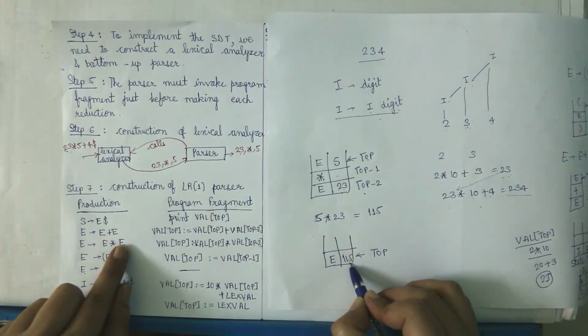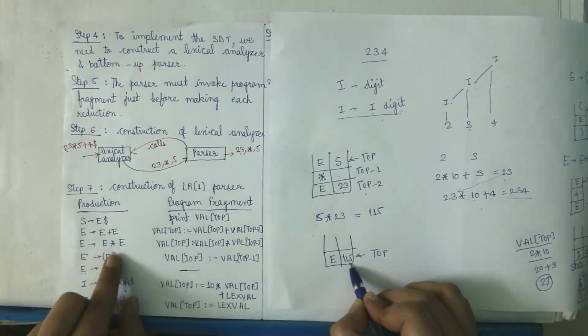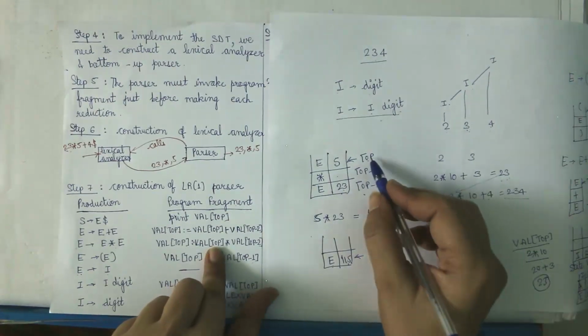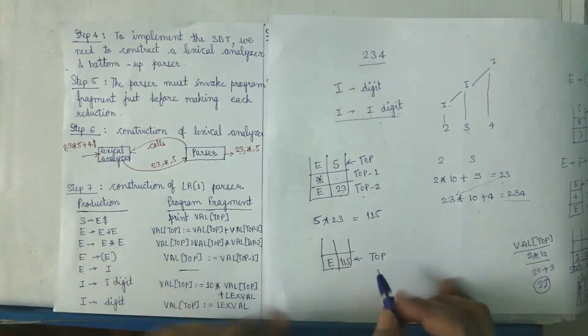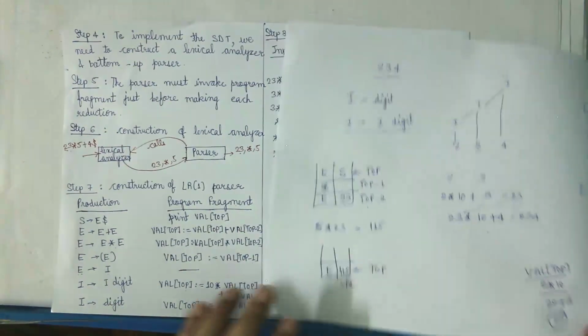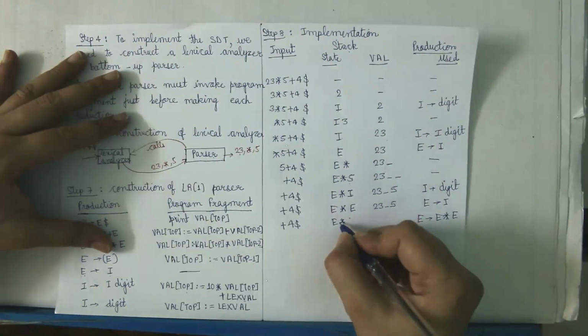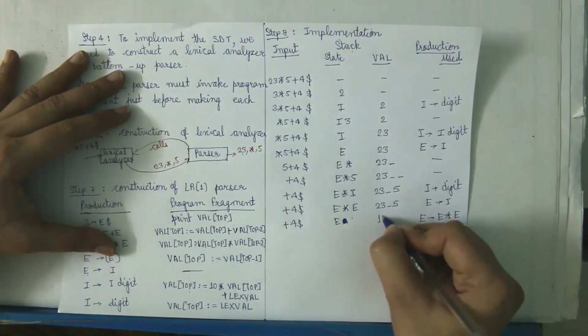So we have made E star E as E. That is, we have done the reduction, and simultaneously we have taken the value from top minus 2, multiplied, and stored it on the new top. This is the value part of your stack. Now the same will be represented here. We will not have a star anymore, and we take the value as 115.